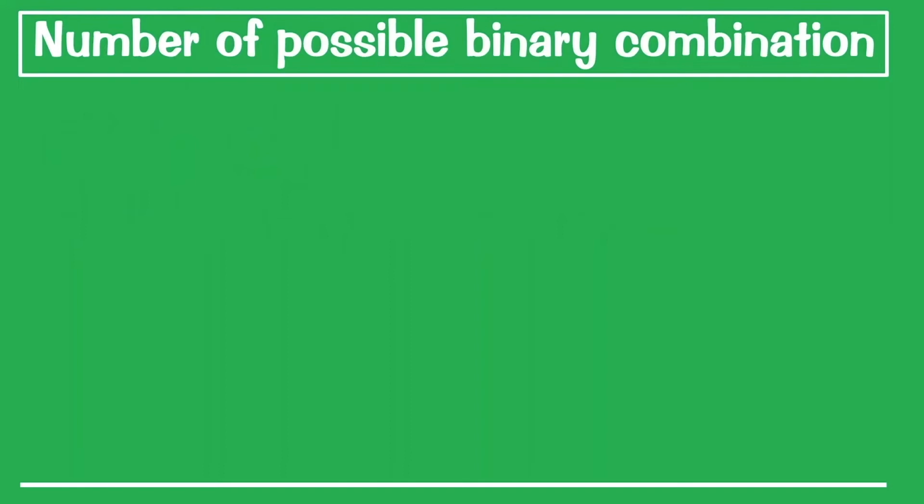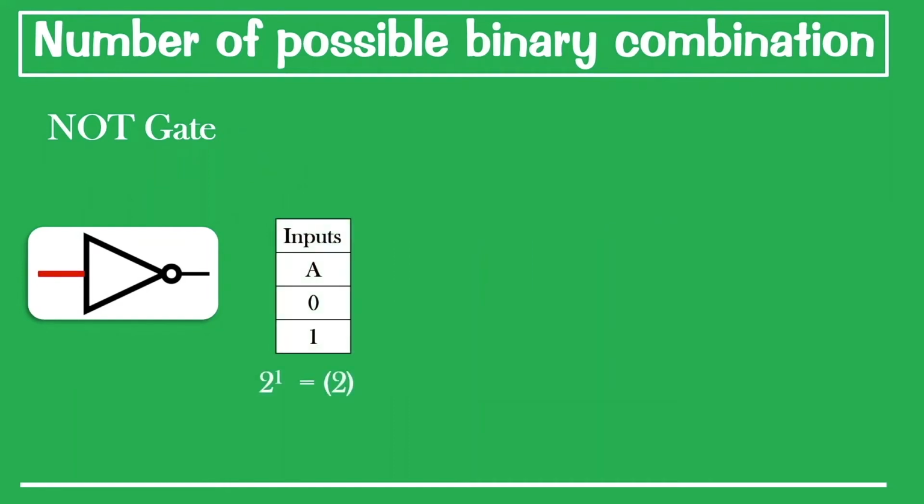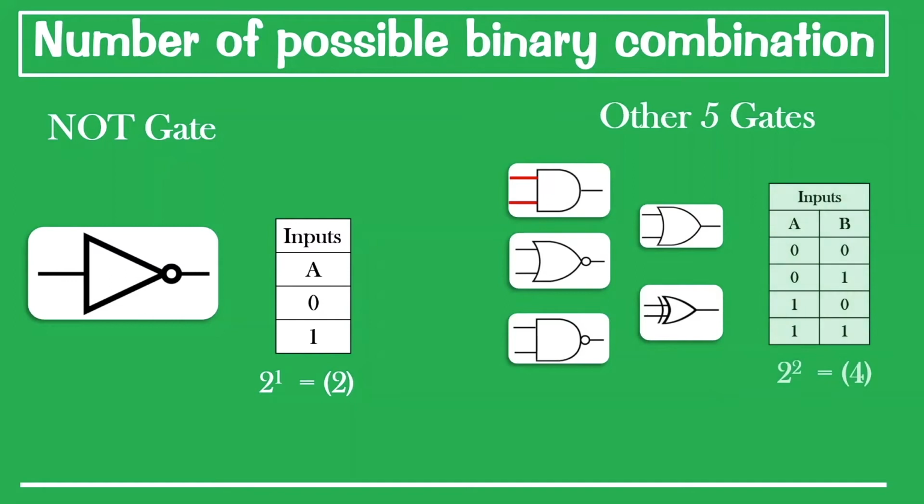Now, for the NOT gate, one input, there are only 2 to the power 1, which equals 2 possible binary combinations. For the other gates, 2 inputs, there are 2 to the power 2, which equals 4 possible binary combinations.